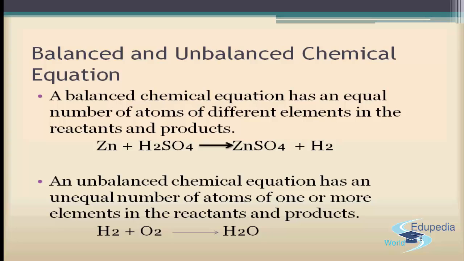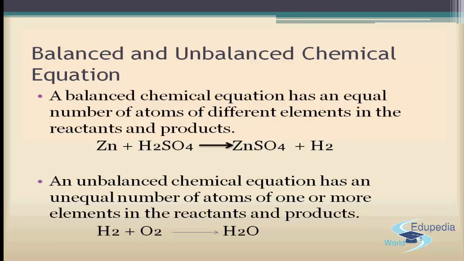I take an example here, the same example of zinc and the sulfuric acid. Now count the numbers of atoms of all the elements in the reactant and product separately. After counting the numbers of atoms, we see that the reactant contains one zinc atom and the product also contains one zinc atom. We have hydrogen atom 2 on both sides.